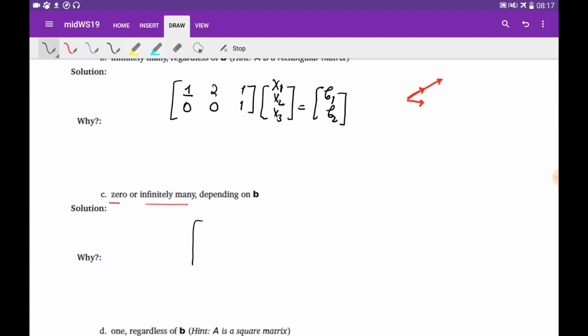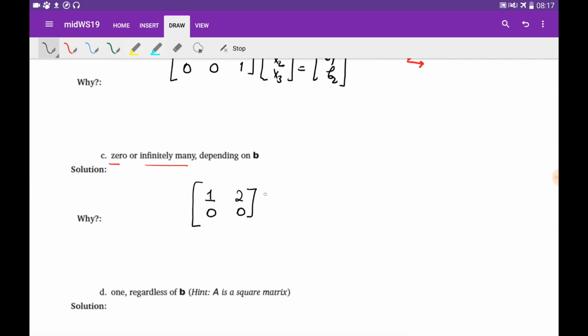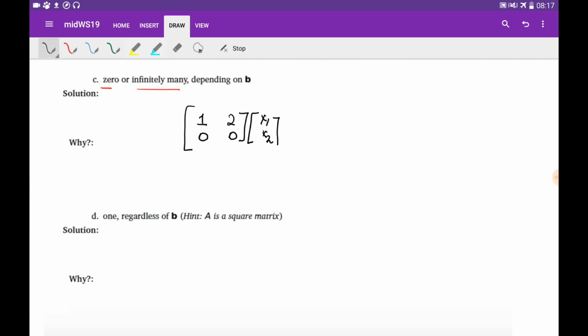So basically I can write this down as 1, 0, 2, 0, let's say, multiplied by x1 and x2 is equal to b1 and b2. So this system has either infinitely many solutions or zero solutions, depending on B, because the first two columns of the matrix A are parallel, lying along the line, right? So if this B is given on this line, then you can obtain this green vector by combining these two red vectors with infinitely many combinations.